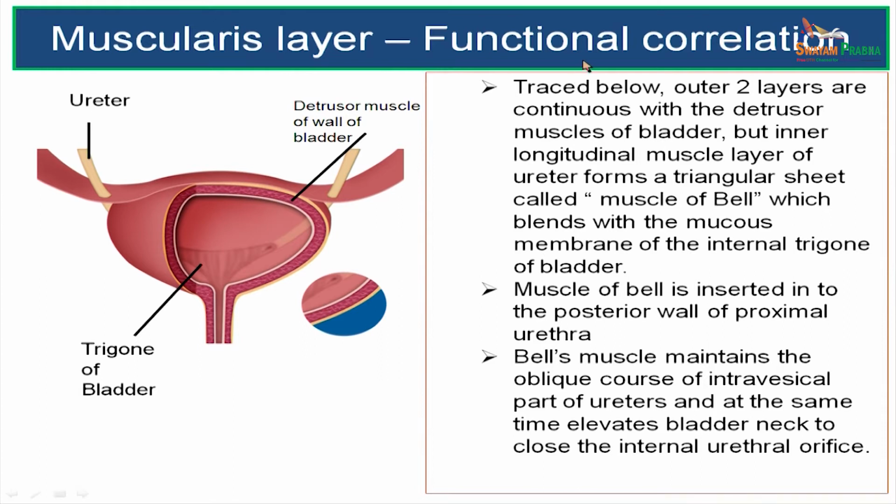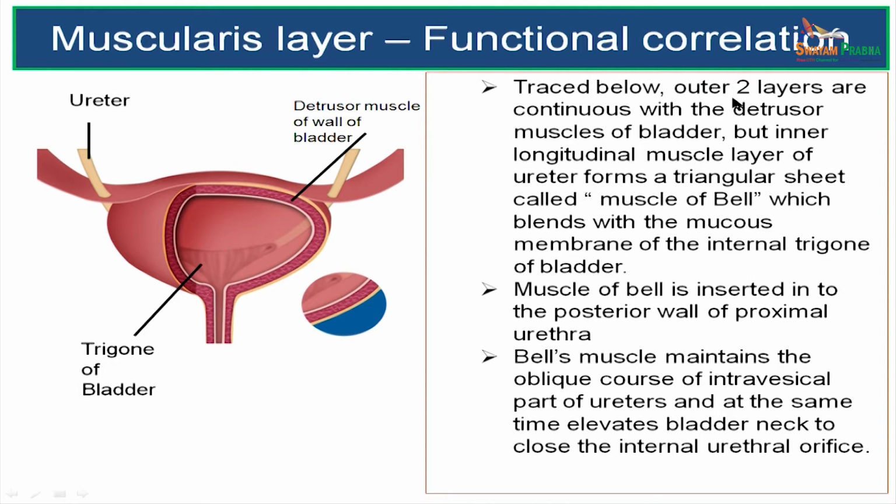Let us look at some more functional correlation of this muscularis layer. So, traced below, the outer two layers of the wall of the ureter become continuous with the muscle of the bladder, which is called as detrusor muscle.